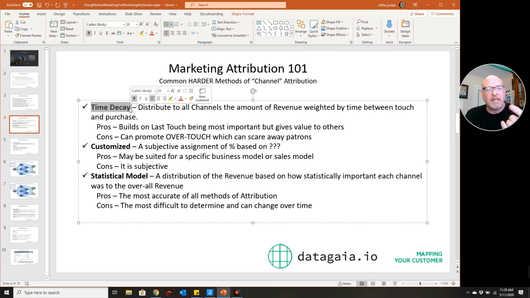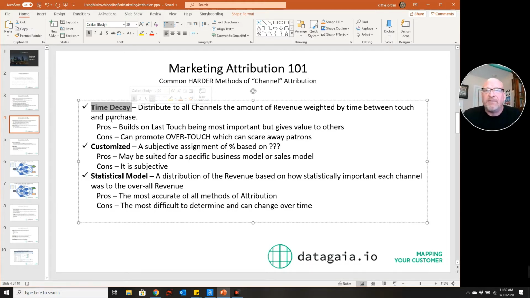So let's say we had an email 14 days before the purchase, an SMS 10 days before the purchase, and a YouTube video 1 day before the purchase. Of those three, the YouTube video is going to be weighted a whole lot more because it was the day before. The 10 days before will be weighted much less, and the 14-day touch will be weighted even less.